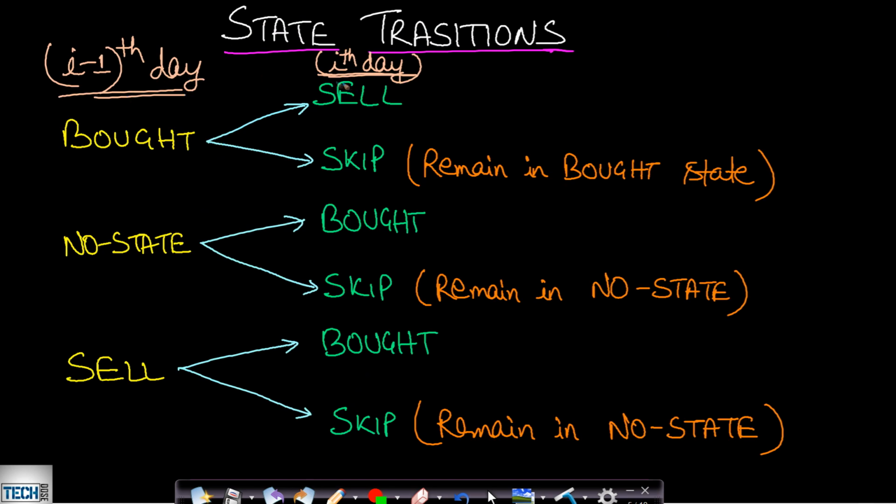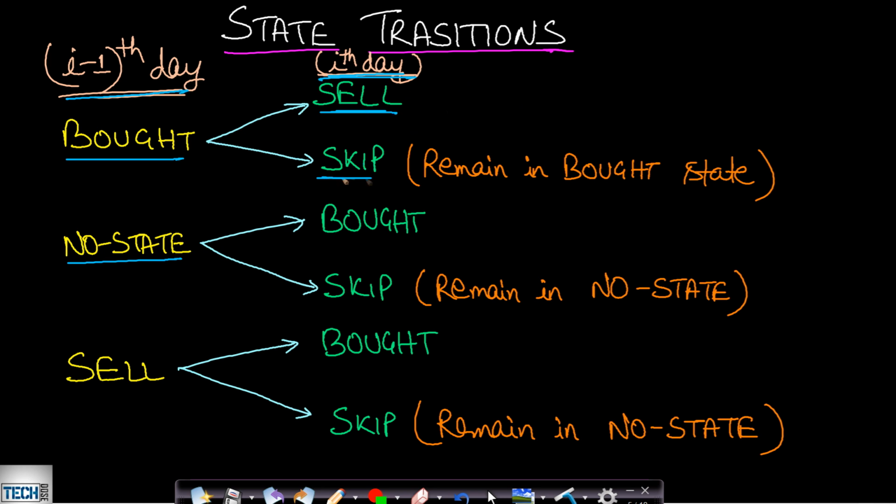Now, if we are on the ith day and the previous day was the I minus 1th day. So if on the previous day we were in the bought state, which means that we had stock in hand, then on the ith day we can sell the stock or we can skip the selling part. If we sell the stock, then we will come under this no state. That means we will be having no stock in hand.